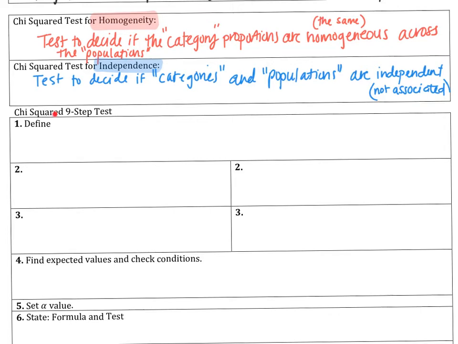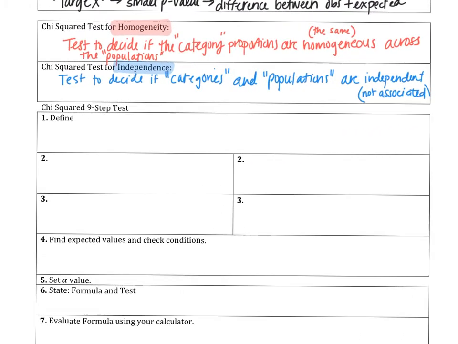Okay, so we're going to do a 9-step test now. The 9-step test is exactly the same for homogeneity and independence. The only part where things get different is defining the null and the alternate. So for these notes, I will write the null and the alternate for homogeneity over here, and I will write the null and the alternate for independence over here.